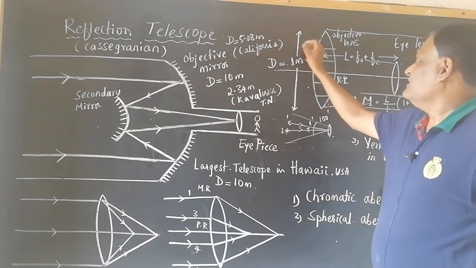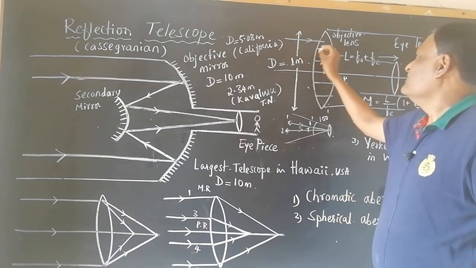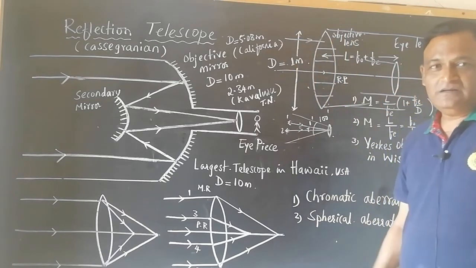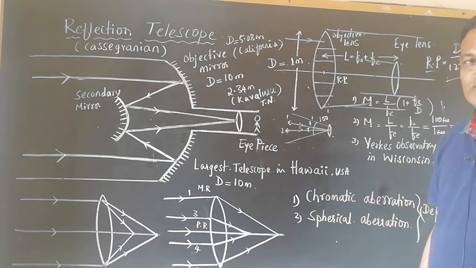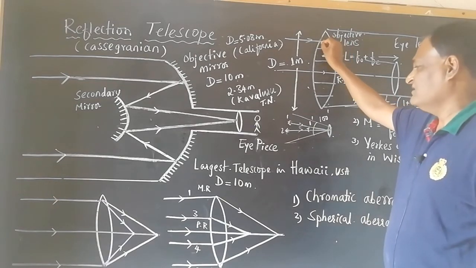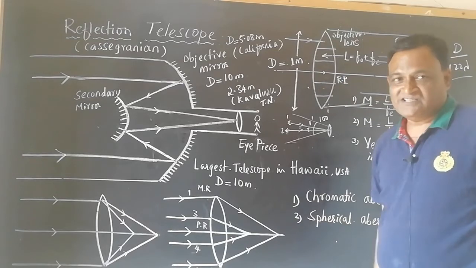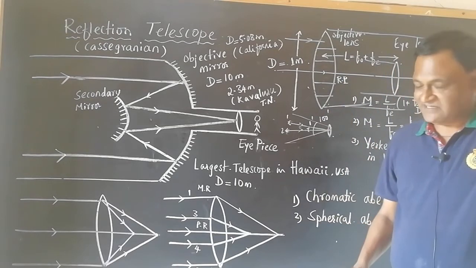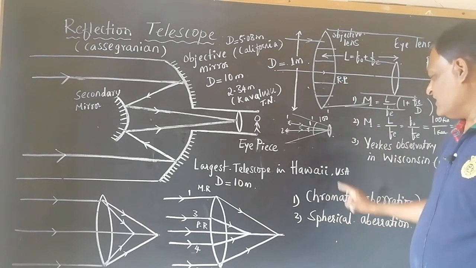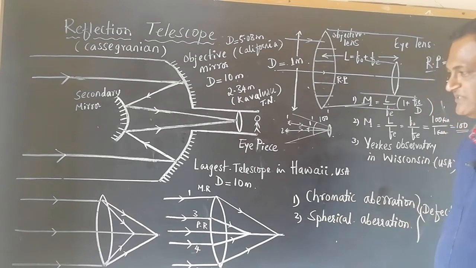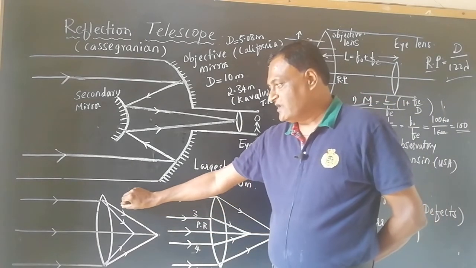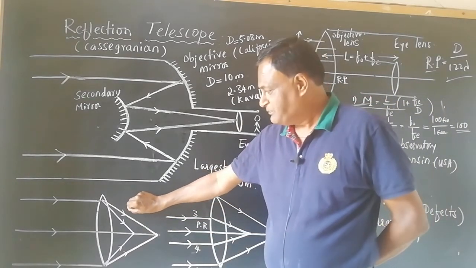If white light is incident on this, it breaks up into 7 constituent colors due to dispersion of light. So as the thickness of the lens increases, it will develop some defects, and those defects are called chromatic aberration. You can visualize this with this particular diagram.